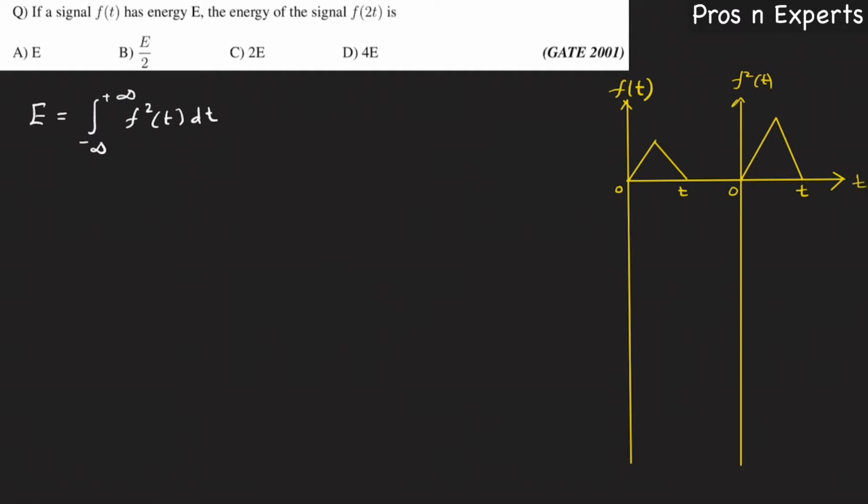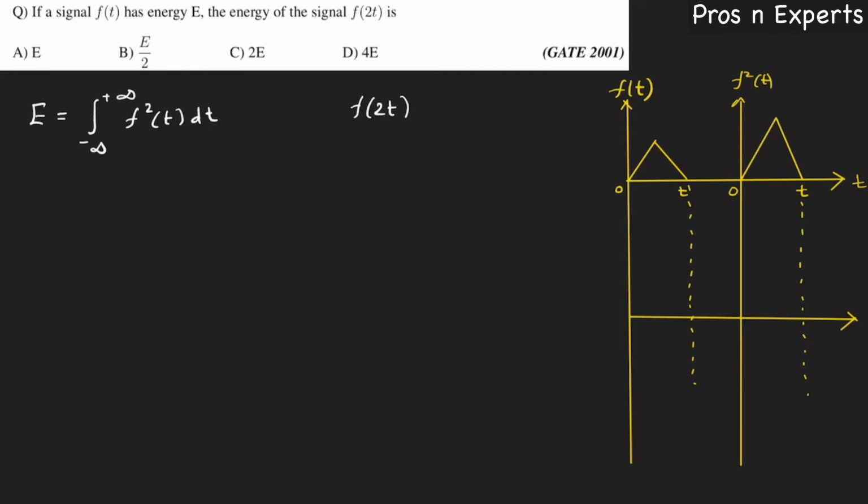Now the question asks to find the energy of the signal f of 2t. So initially let me draw f of 2t also. How will you draw f of 2t? Here also T is marked on this graph.